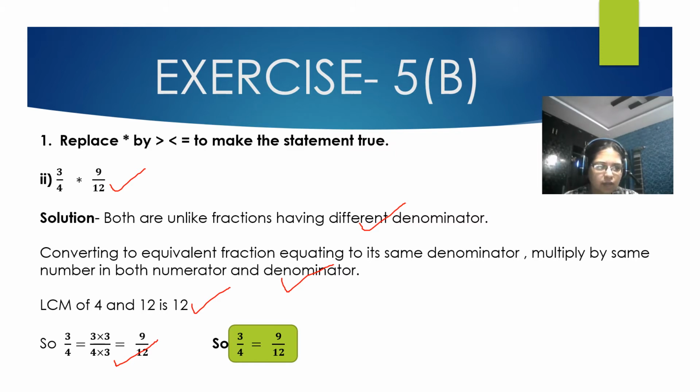So we get 9 divided by 12. The equivalent fraction of 3 divided by 4 is 9 divided by 12. So 9 divided by 12 is equal to 9 divided by 12, that is the second fraction. So 3 divided by 4 is equal to 9 divided by 12.